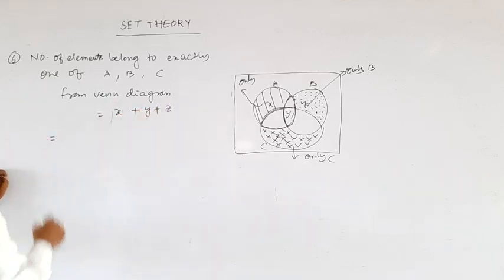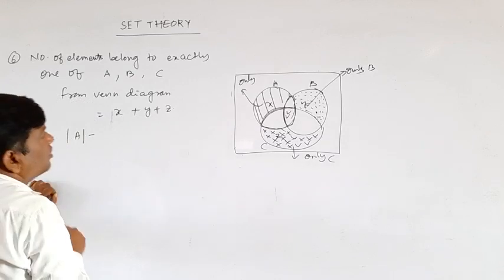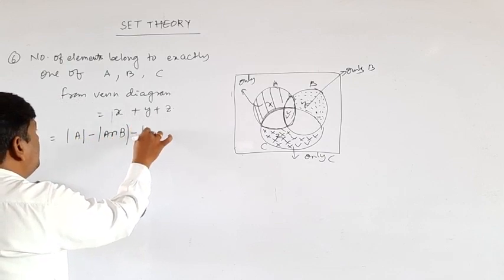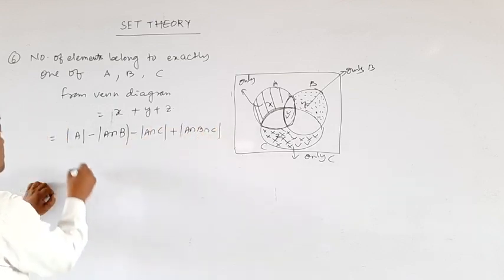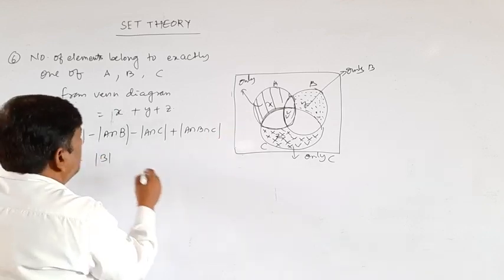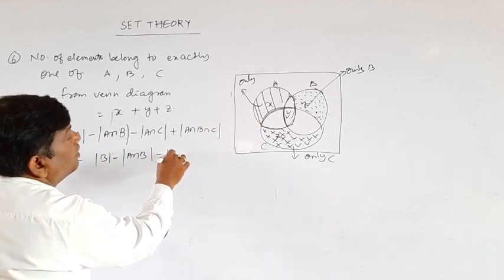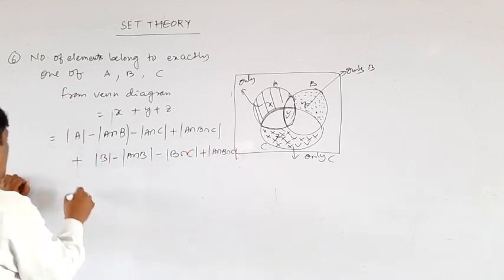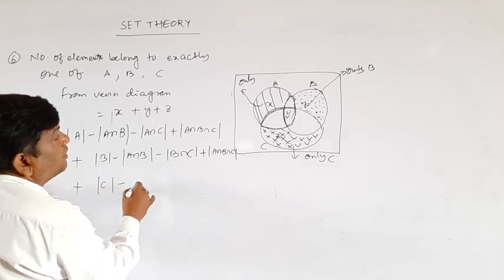X means A mod minus A intersection B minus A intersection C plus A intersection B intersection C. Y means B mod minus A intersection B minus B intersection C plus A intersection B intersection C. Z means C mod minus A intersection C minus B intersection C plus A intersection B intersection C.